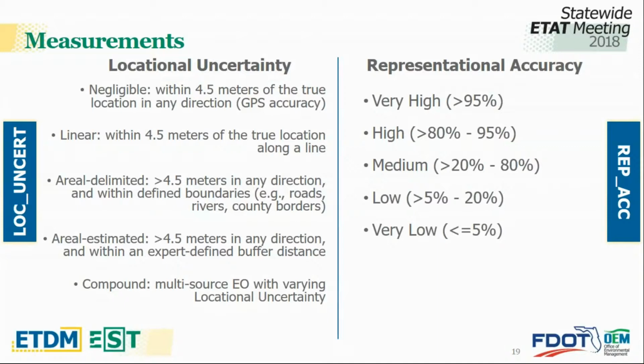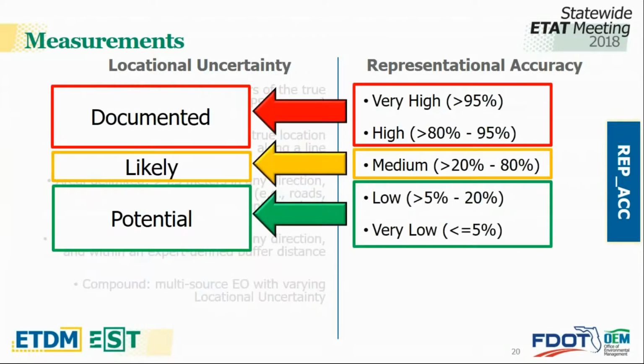Representational accuracy, on the other hand, is described in 5 categories of percentages. Very high is considered over 95% accuracy, high is between 80 and 95%, medium is 20 to 80%, low is less than 20%, and very low is less than 5%. These were separated out into those 3 data layers.